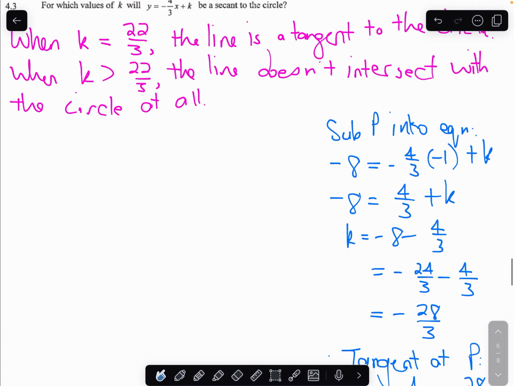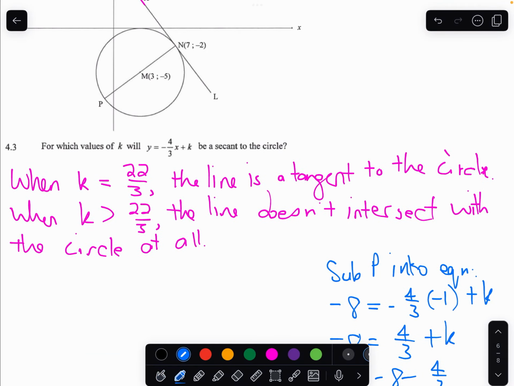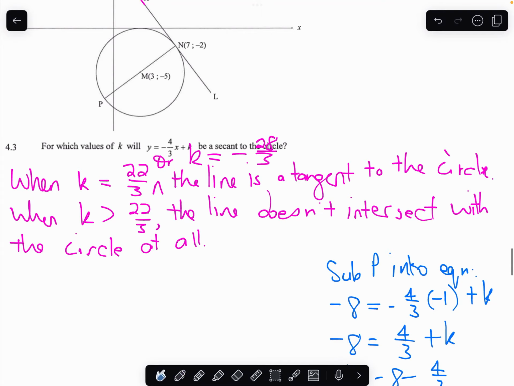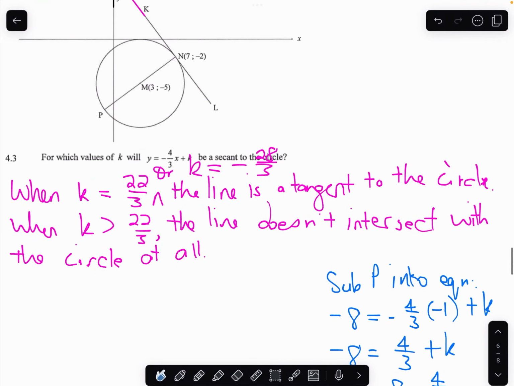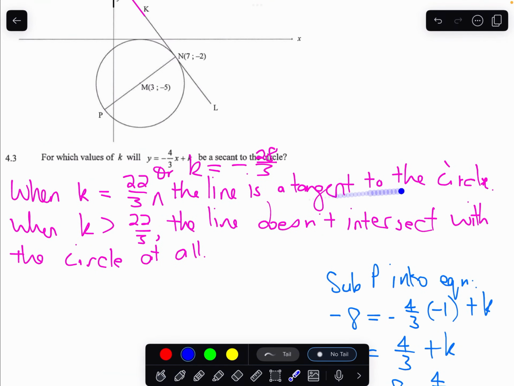Okay, so what does that help us with? It helps us with this little thesis we're writing. When k is equal to 22 over 3, or when k is equal to -28 over 3, which we have just found here, then the line is a tangent to the circle.